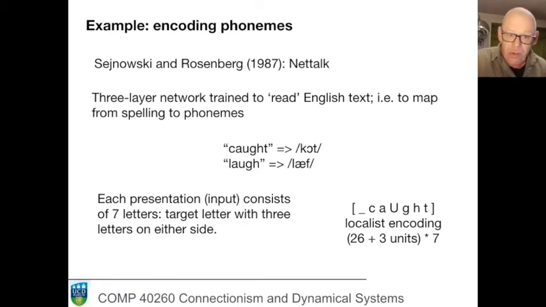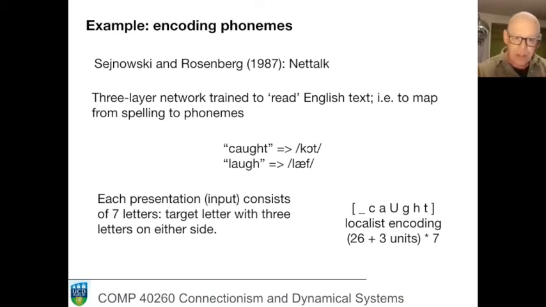Pronounced, I've used a particular symbolization of phonological form. On the right, caught and laugh each have three distinct constituent sounds or phonemes. So the idea is we want to map from the disaster on the left to the somewhat principled sequence of phonemes on the right.